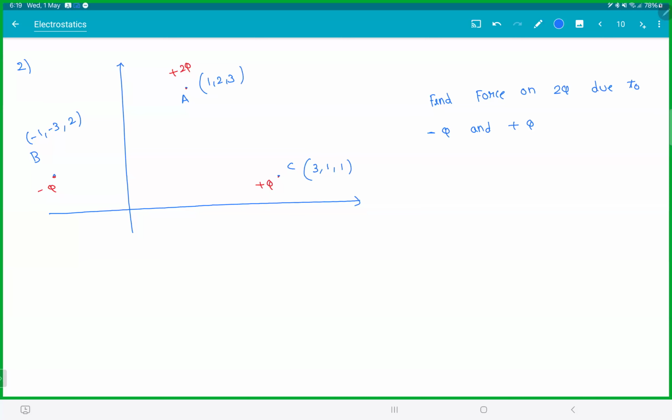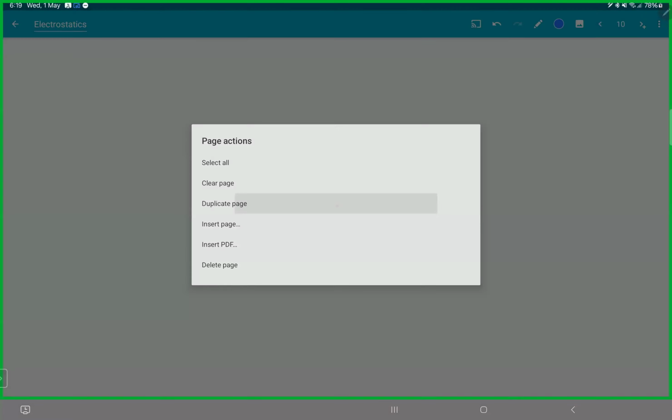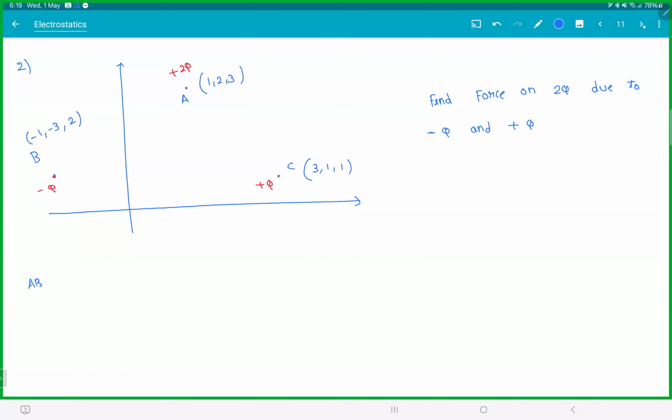How to do that? First, I'll show you for A and B. So let's just find AB bar. So AB bar is what? A to B. So -1 minus 1 is -2 I, -3 minus 2 is -5 J, 2 minus 3 is minus K cap.